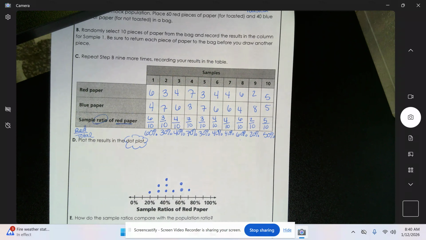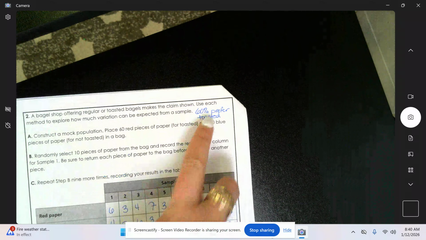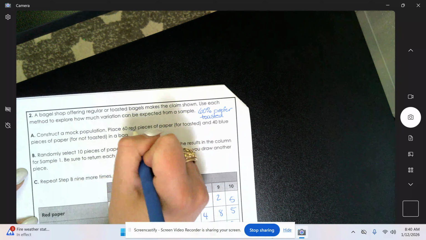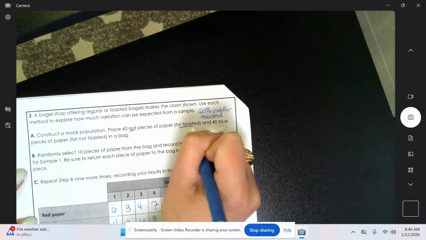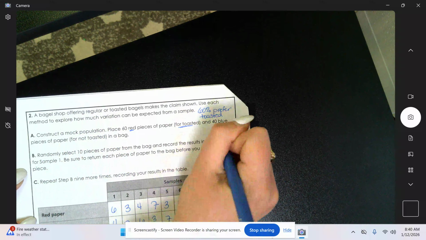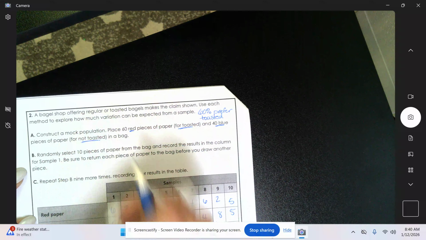So what I forgot to put on your note sheets, which you can add up here, is that 60% prefer toasted bagels. Red represented toasted and the blue represented not toasted.